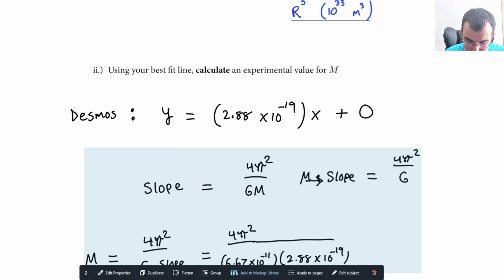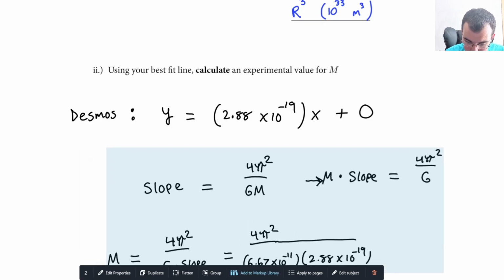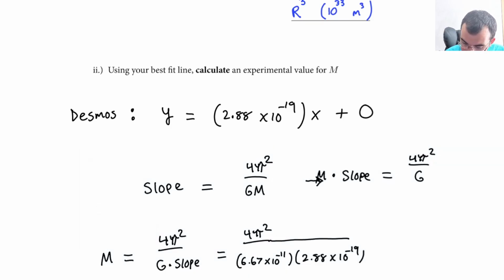If we do this, we can trust my calculator here. If I was smart, I would have had this pre-fired into the calculator. Let's check my calculator history. I promise it's in here.